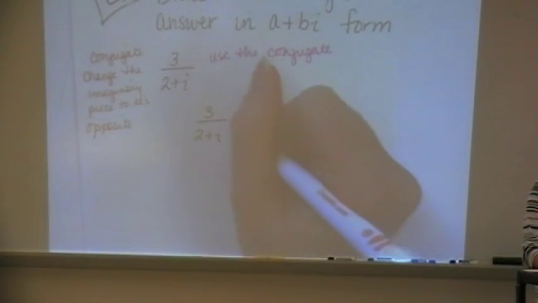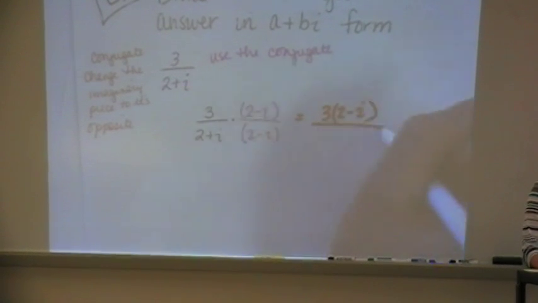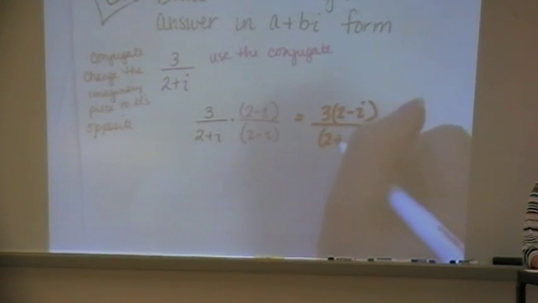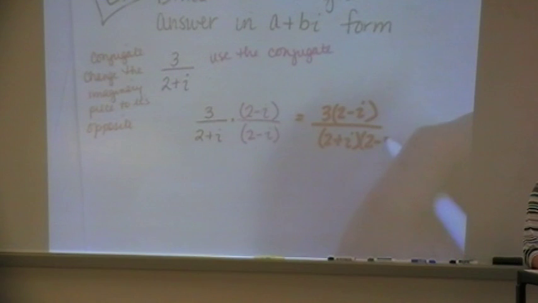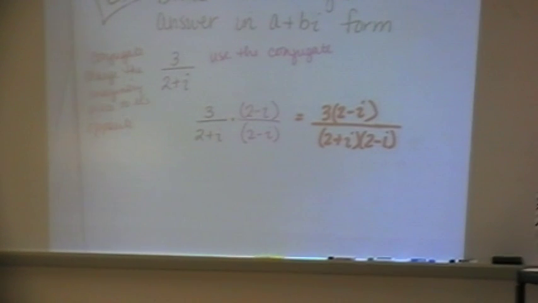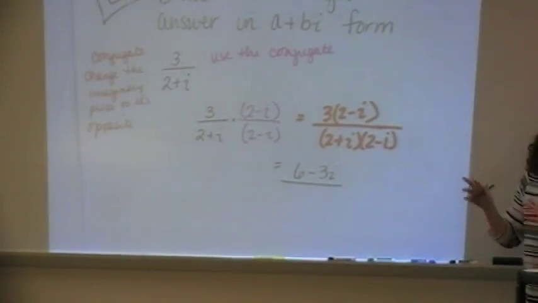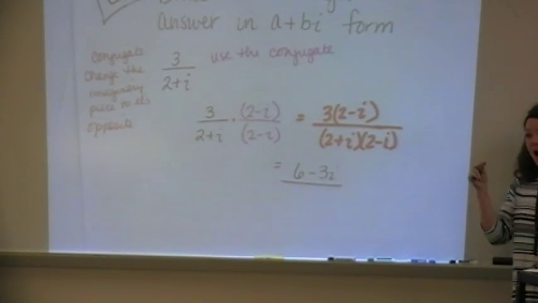So now remember, when you multiply fractions, you multiply straight across. So I end up with this. On top, you'll just distribute. On bottom, you do have to FOIL, but they're conjugates.